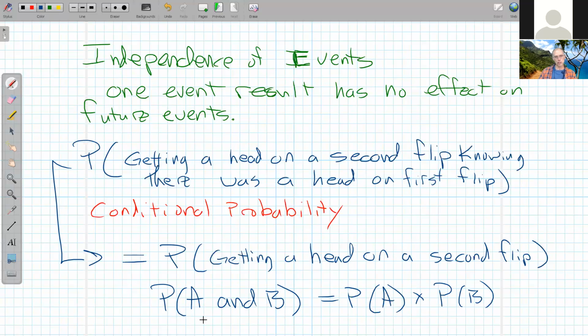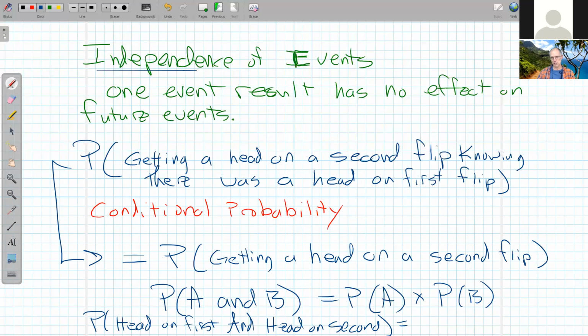So this would be like getting a probability of head on the first flip and getting a head on the second. If independence is true, then that should be the same as the probability of a head second times the probability of getting a head first.